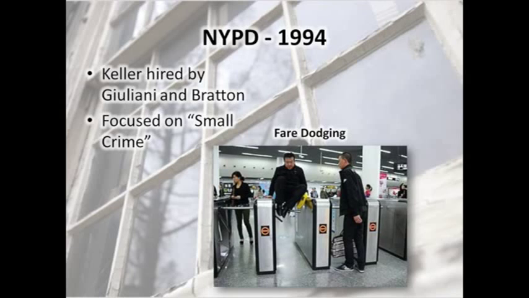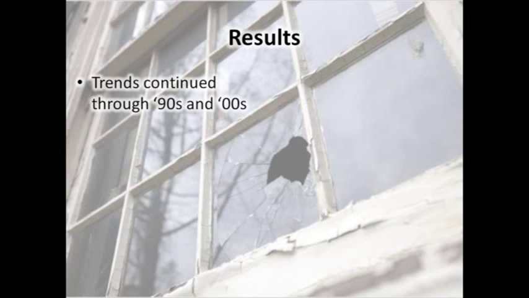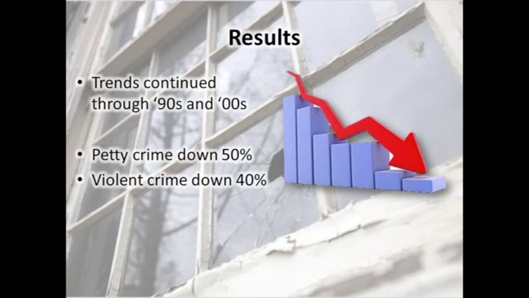So what kind of results did they see? Well, they saw overwhelming success, and by the year 2000, the petty crime rate had fallen by 50%, and the violent crime rate had also correspondingly dropped by 40% by the year 2000.